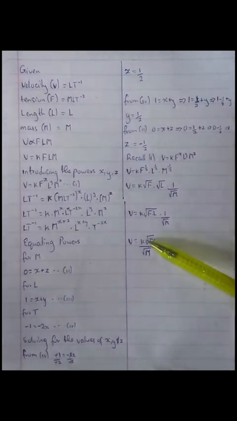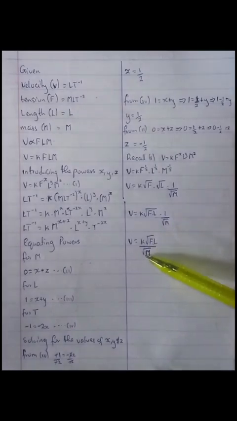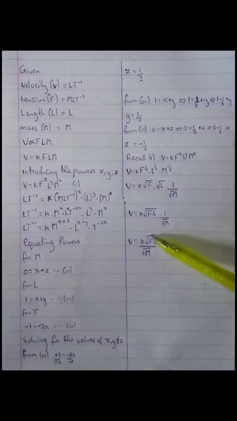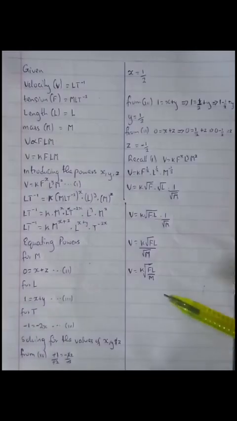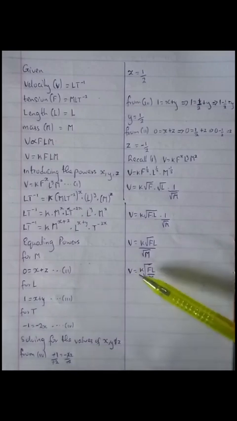So if you have square root of fL divided by square root of m, we can also write this in one square root sign, where we'll have square root of fL over m. We'll have v equals k square root of fL over m.